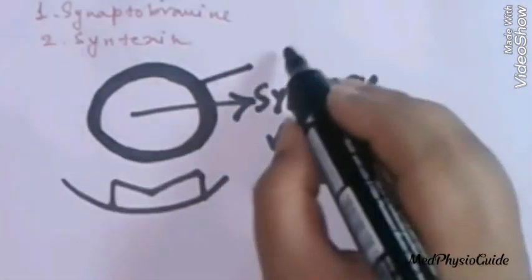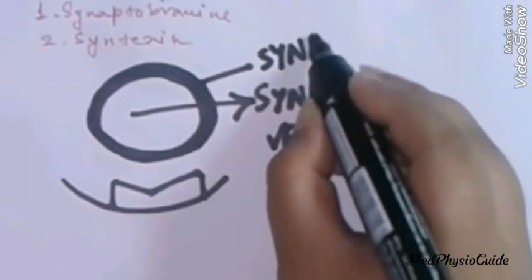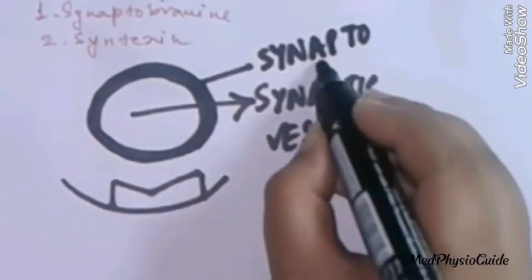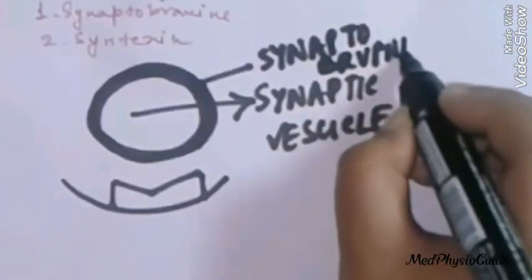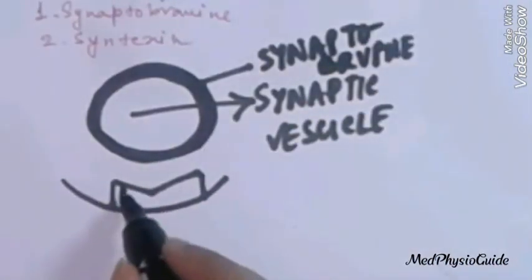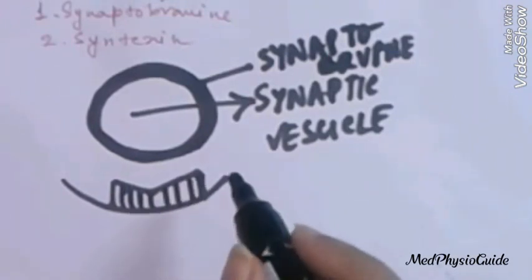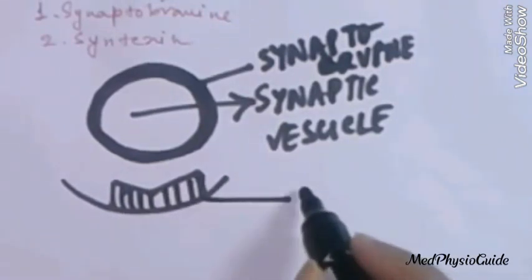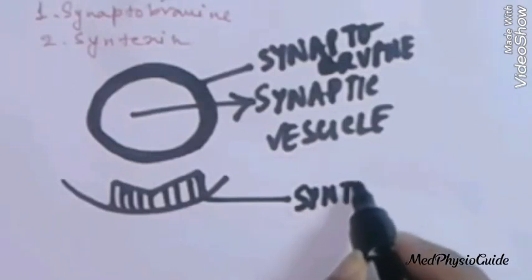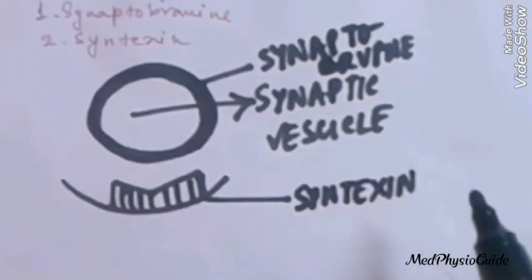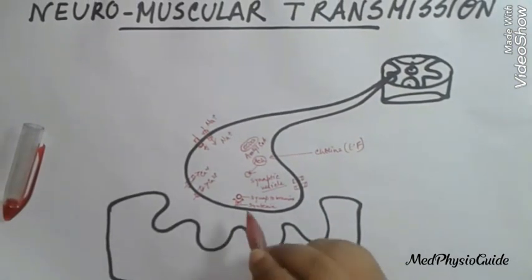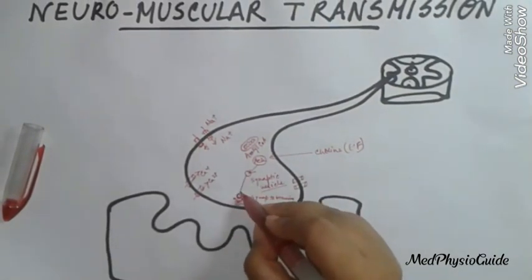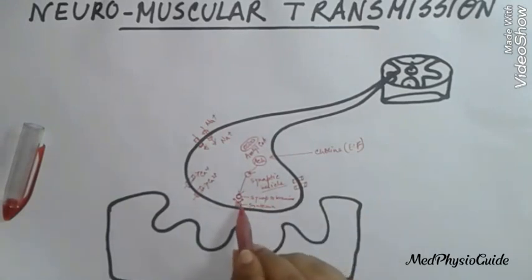Okay, this black thick layer is called the synaptobrevin. And this thing over here, as we all know, is called the syntaxin. Okay, so now the syntaxin reacts with the synaptobrevin, and the acetylcholine is released.